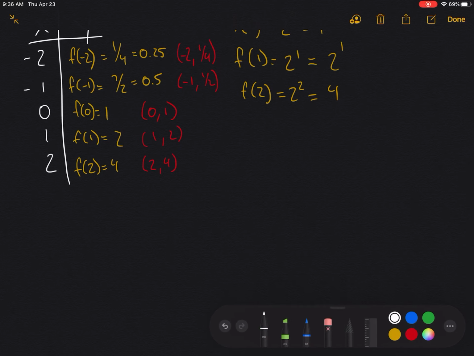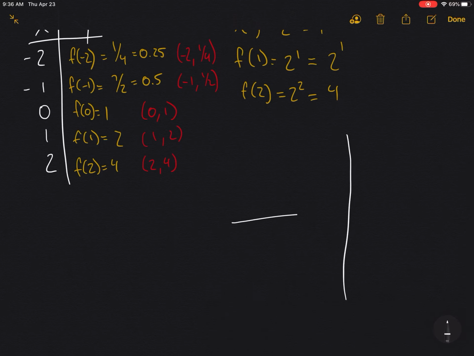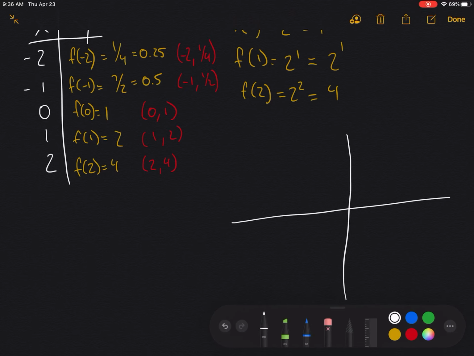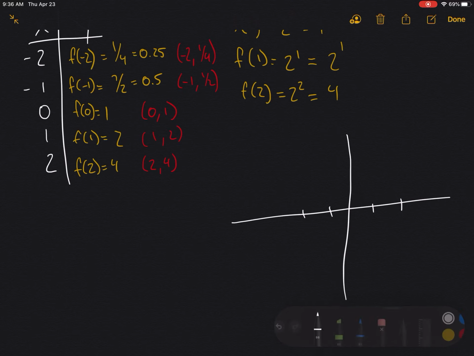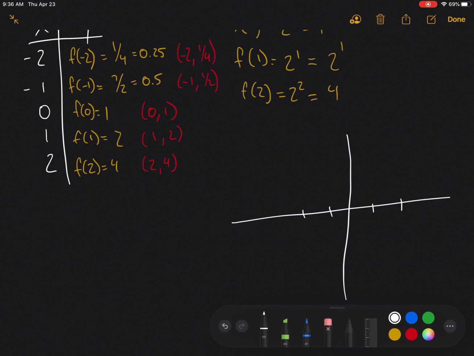All we're looking for is a rough sketch, right? It doesn't have to be pretty. I just want to get an idea of what this graph's doing, okay? So we've got -1, -2, +1, +2, and then hopefully after we've graphed these 5 points, we can get an idea of what our graph looks like, right?